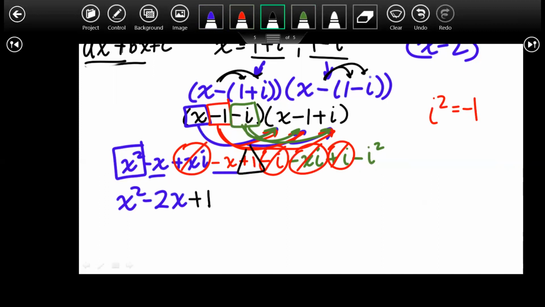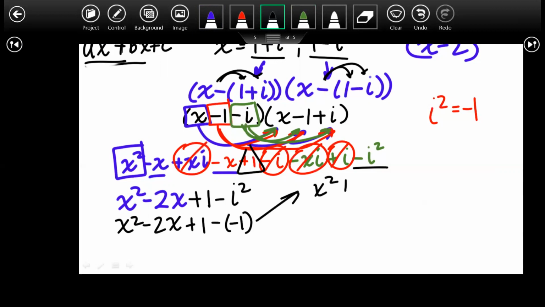And then what happens to this minus i squared? We drop this minus i squared down. What is i squared again? Negative 1. So minus negative 1, which becomes plus 1. So we get x squared minus 2x plus 1 plus 1, which is x squared minus 2x plus 2.